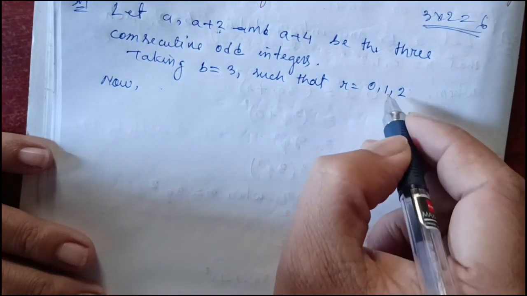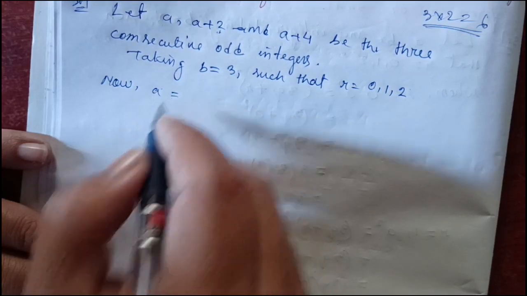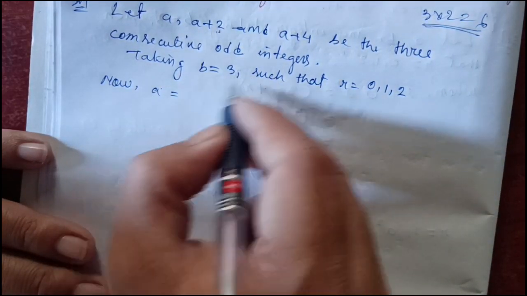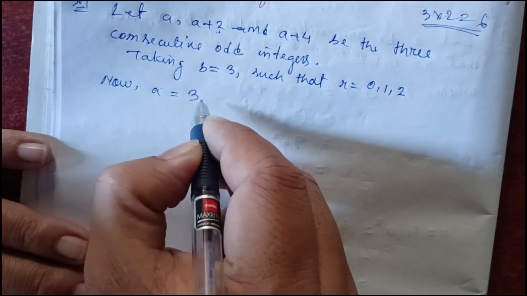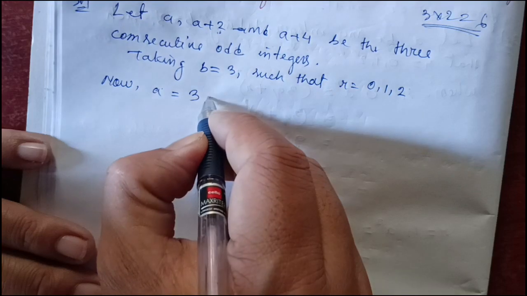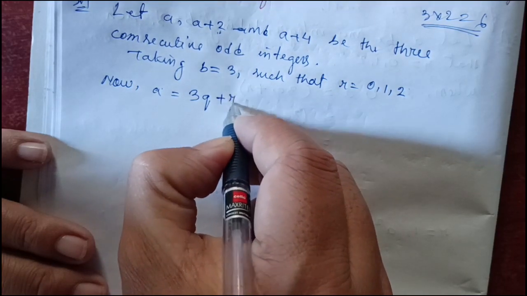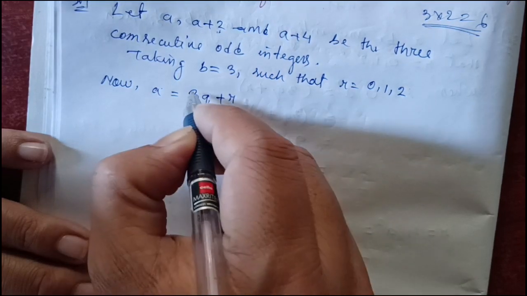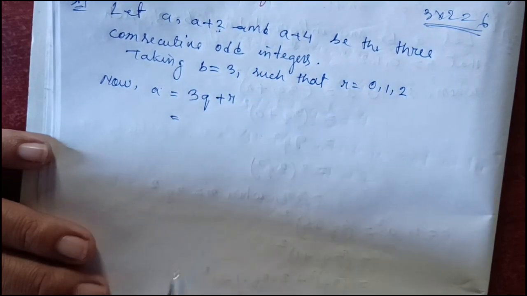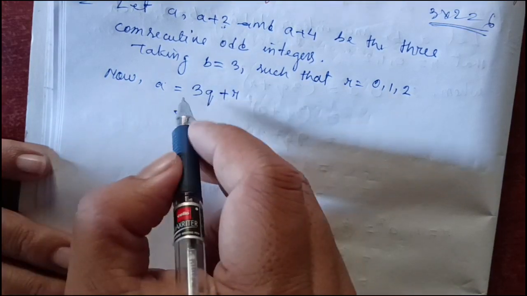So this a can be in the form, this is 3, right? Then I told you to write 3q, then plus r. So a is 3q plus r.